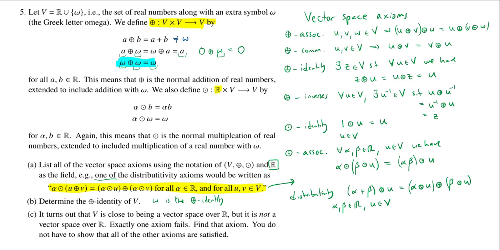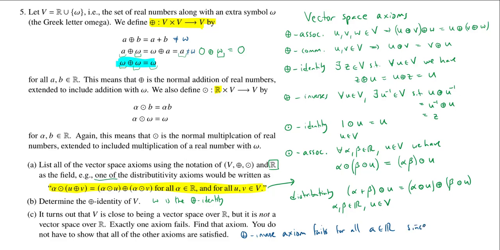And if I add some a to omega, I just get back a, which is also not equal to omega. So in fact, the additive inverse axiom fails spectacularly for all a in the real numbers.